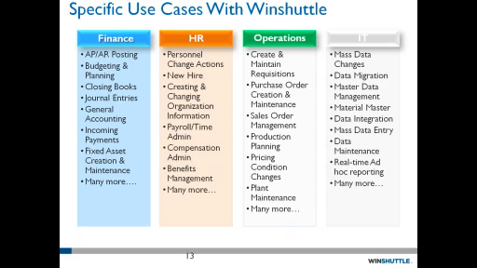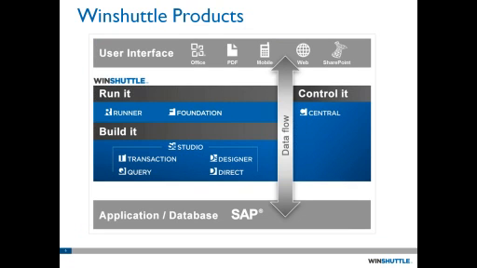In operations, purchase orders, sales orders, pricing conditions, plant maintenance are very popular applications. In IT, creating master data, updating master data, data maintenance, again, very popular applications. What's interesting is the Winshuttle software does work within all the SAP modules and just about every single SAP transaction.